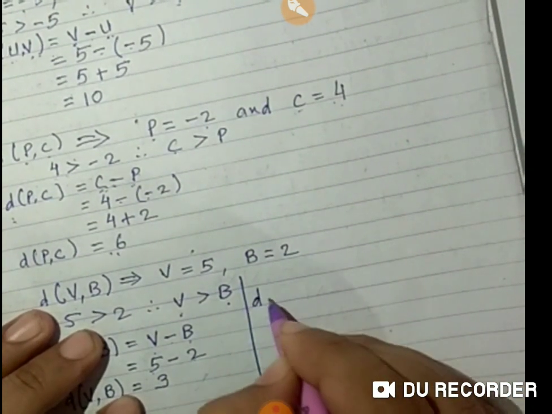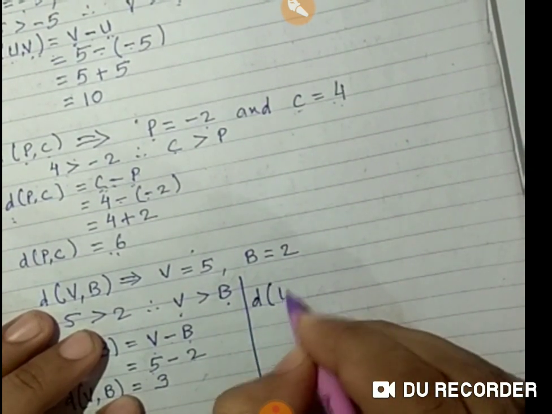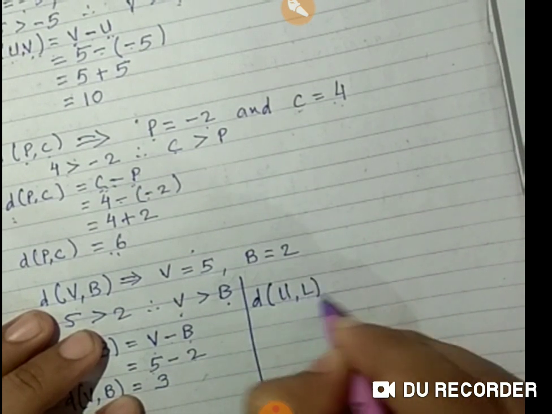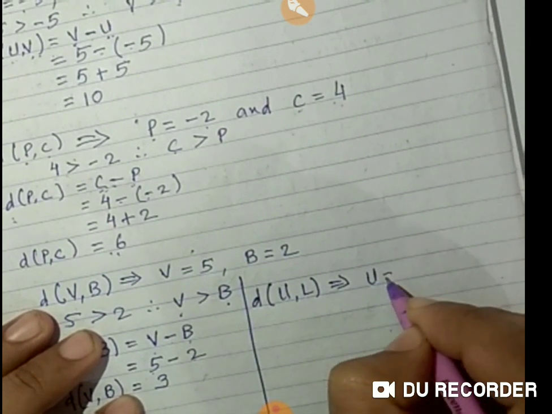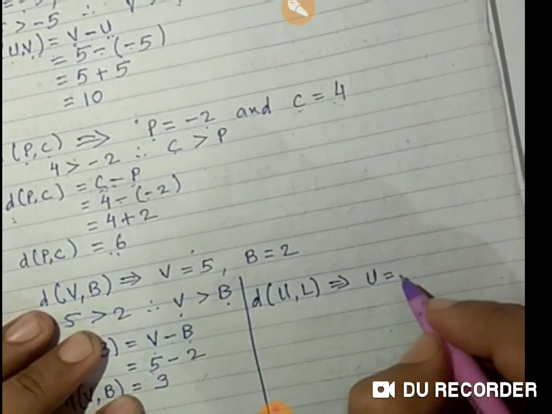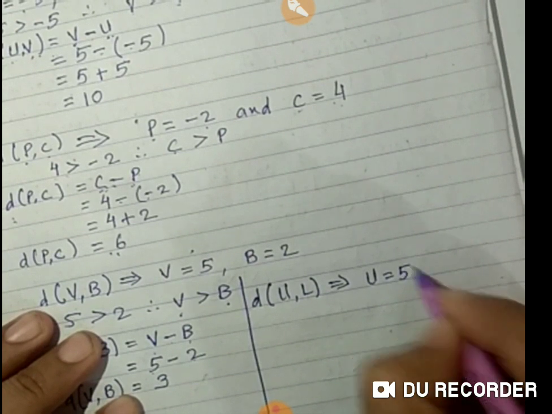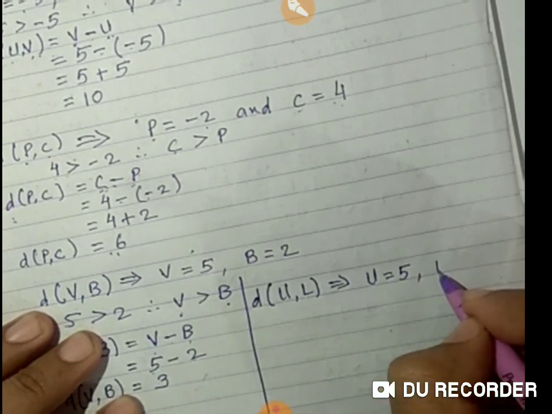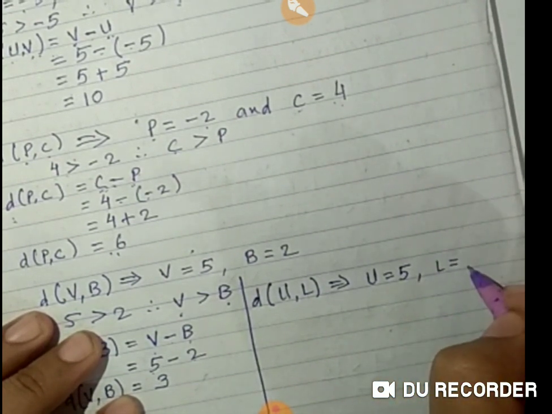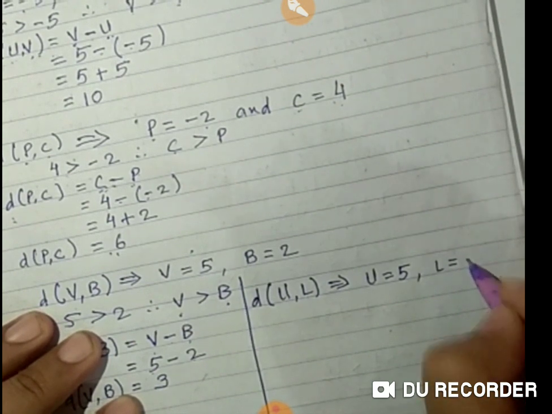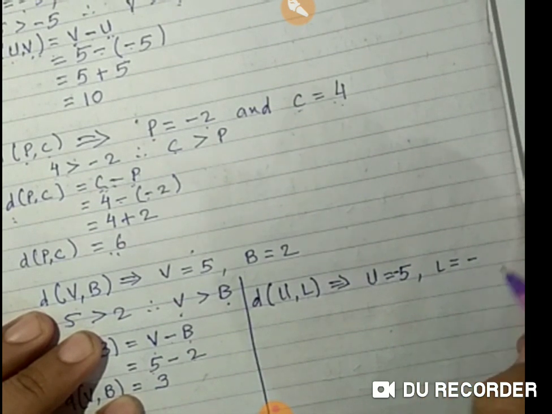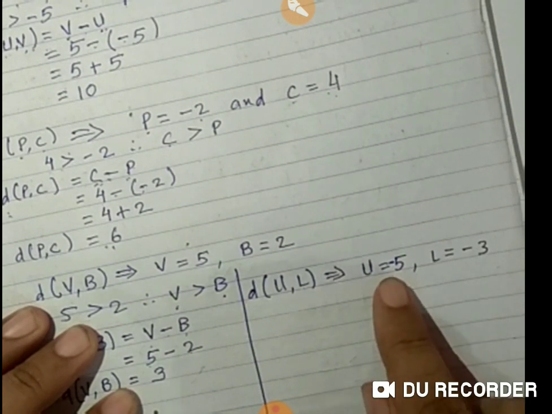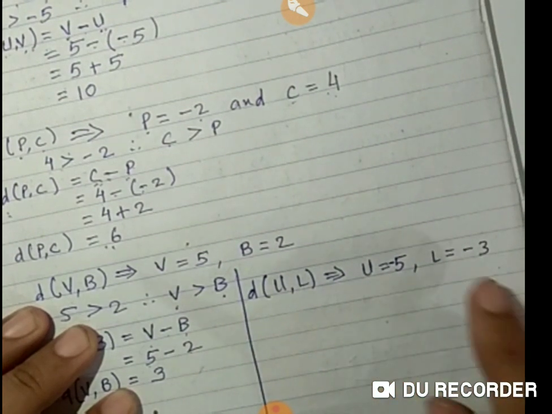Distance between UL. Coordinate of U on the number line is -5 and L is -3.